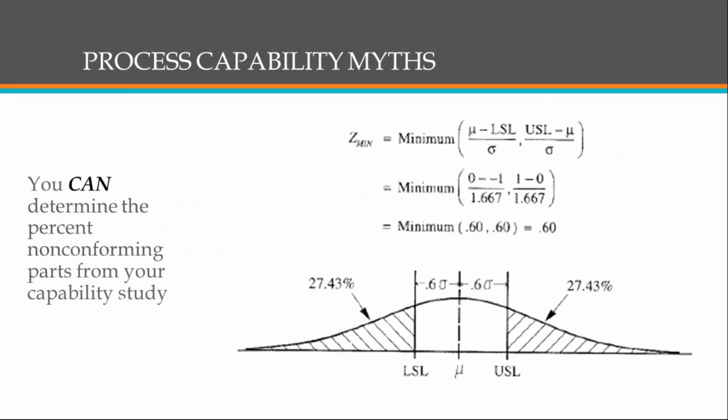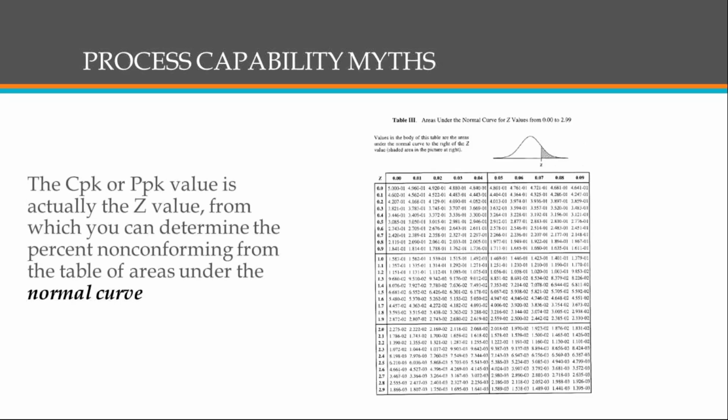However, you can determine the percent non-conforming of the parts from your capability study, because CPK and PPK are actually Z values. And you can take that Z value and go into your Z value chart and determine what portion of the tail has a probability of being out of specification.